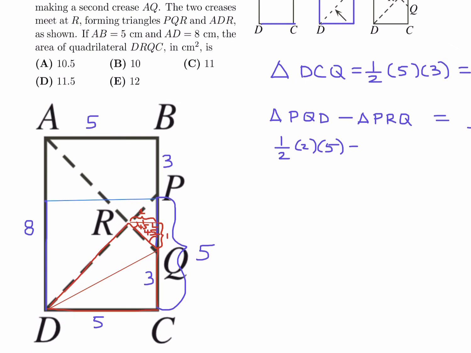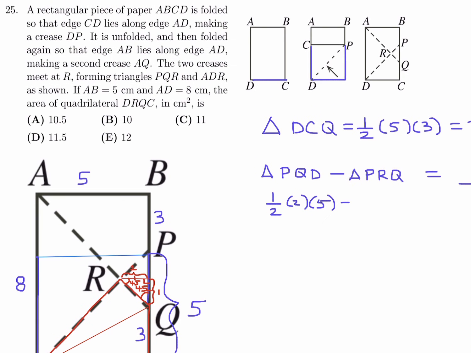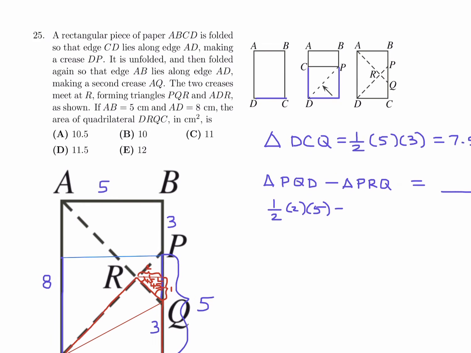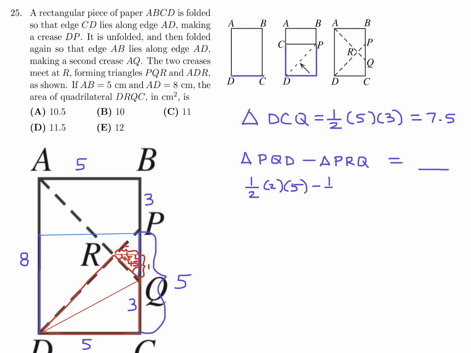Height is 1. So I can now figure out the area of PRQ. PRQ is 1/2 base times height. The base is 2, and the height is 1. And that looks like it equals 1. So 5 minus 1, which is 4.